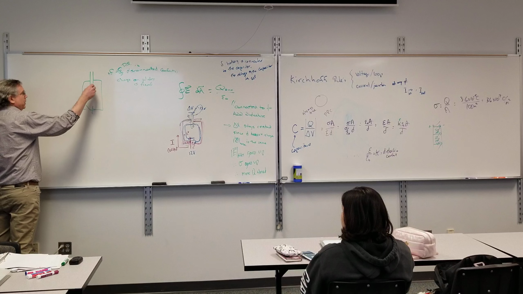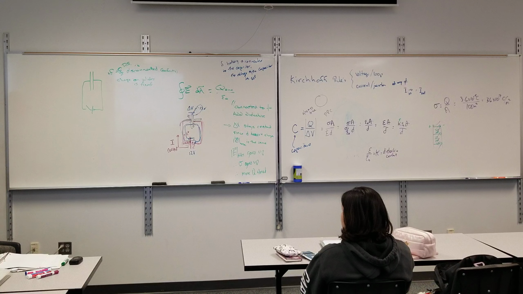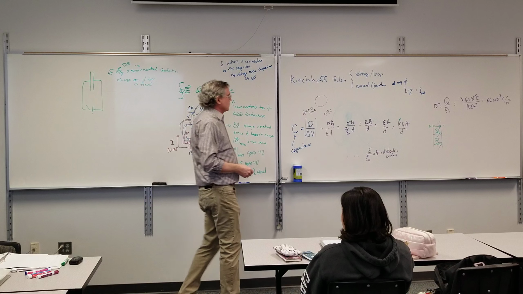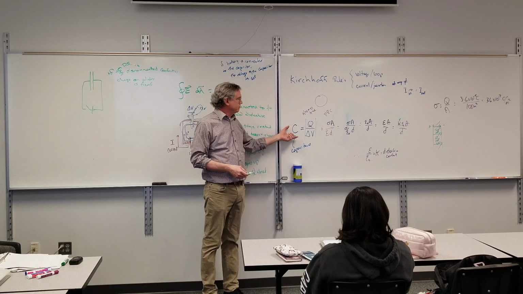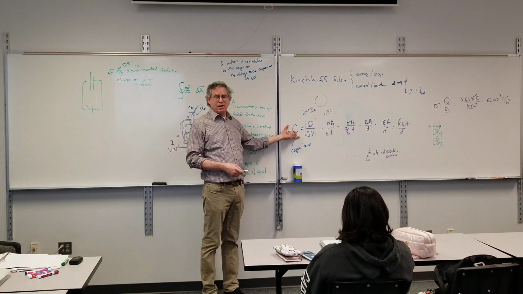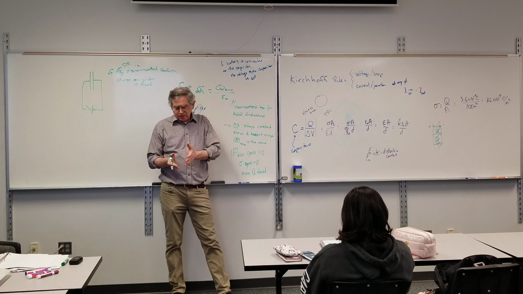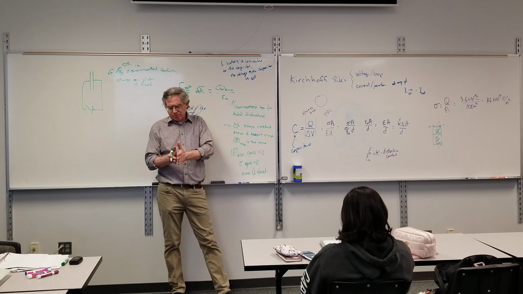So if I take my parallel plates and double the distance between them, I cut my capacitance in half. Which is why, and you noticed this before, not that we disconnected it, but the closer the plates are together, the higher the capacitance.